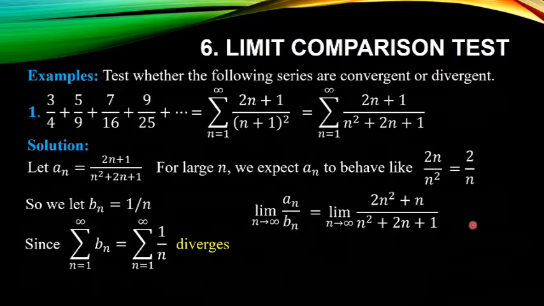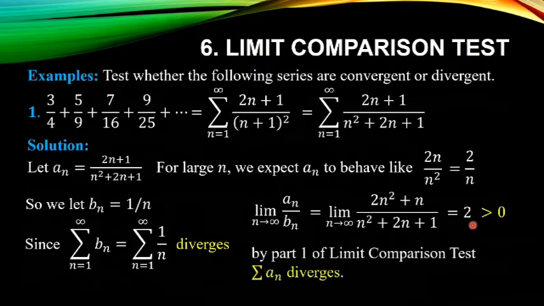Evaluating the limit by L'Hopital's rule, we reach the limit of 2, which is greater than 0. And by part 1 of the limit comparison test, since the limit of the ratio is greater than 0 and b sub n diverges, a sub n also diverges.